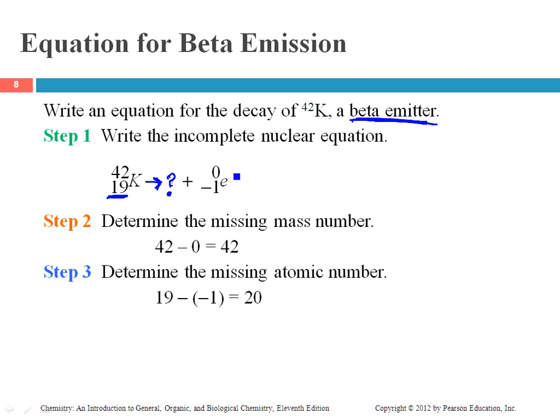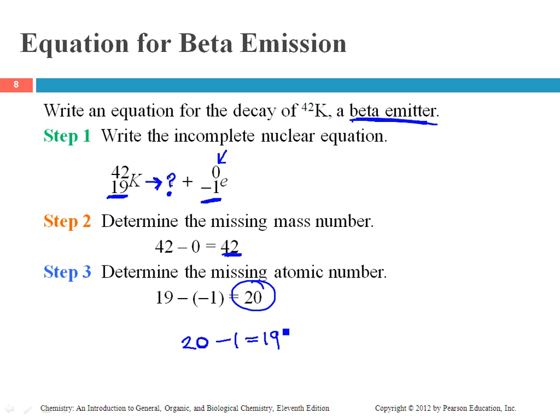Okay, so now we determine the missing mass number. We have a 0 here, and nothing here right now, and we have 42. So we know that 42 plus 0 equals 42. So our mass number is going to have to be 42, just like it is on the potassium. Then we have to determine the atomic number. This is where we have to know to have a negative 1. We have to have 19 as our total atomic number. So we're going to have 20 for our missing nucleus, because 20 minus 1 equals 19.